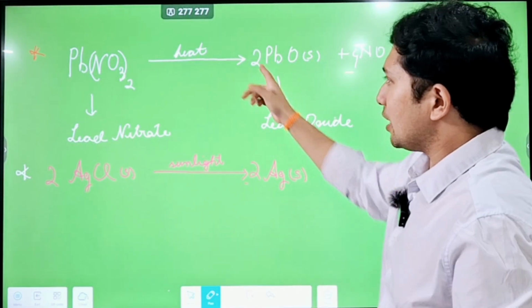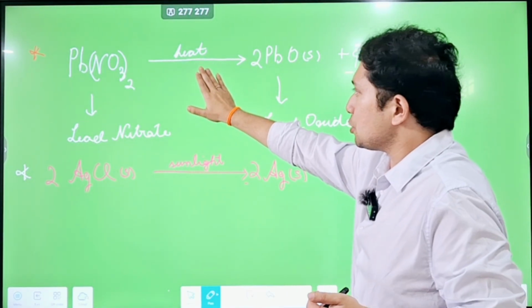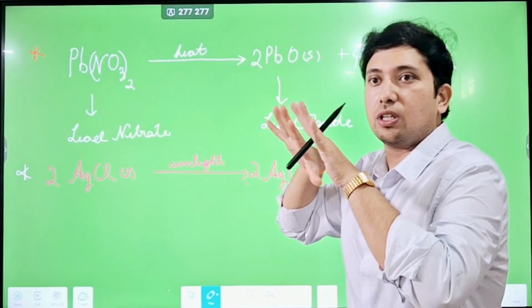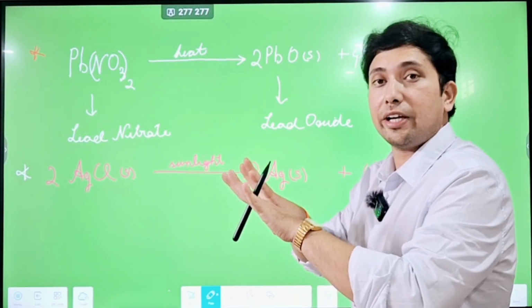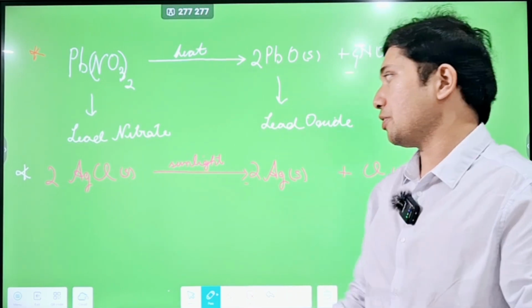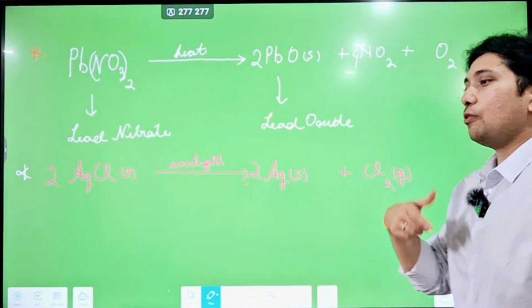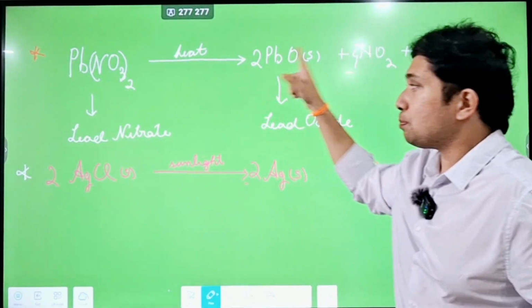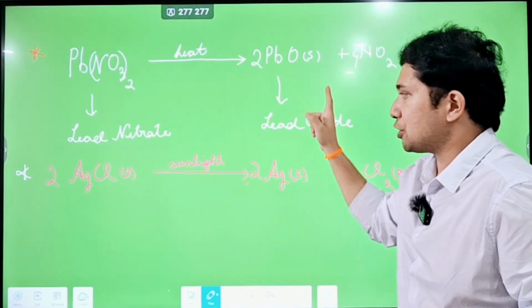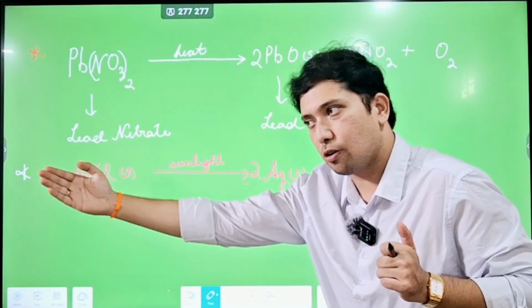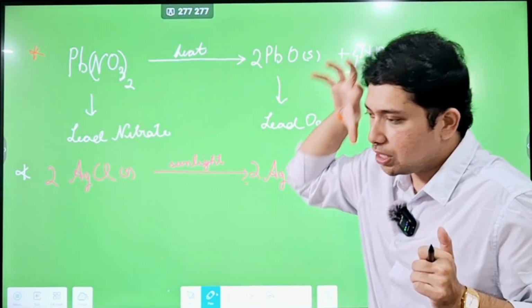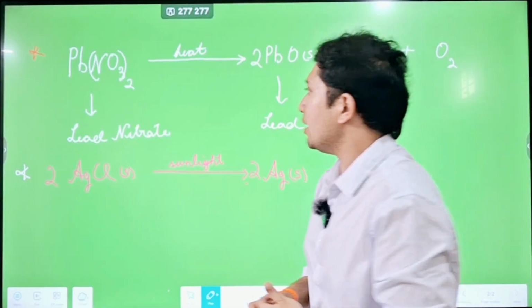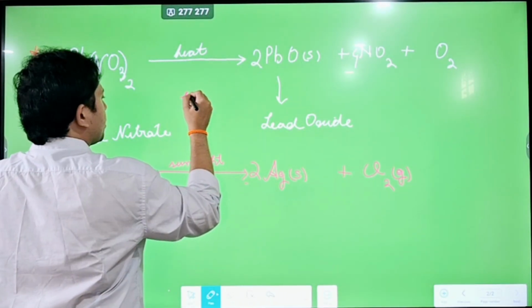So in these reactions, for PbNO3 we heated it, we gave heat. Such a reaction we call an endothermic reaction: a type of reaction in which heat is absorbed during the process of the chemical reaction. When the chemical reaction is going forward, if we give heat to the reactants and they absorb this heat, then it is called an endothermic reaction.